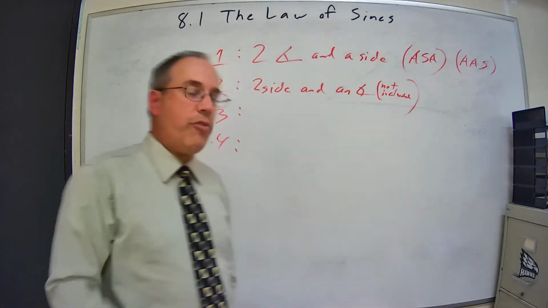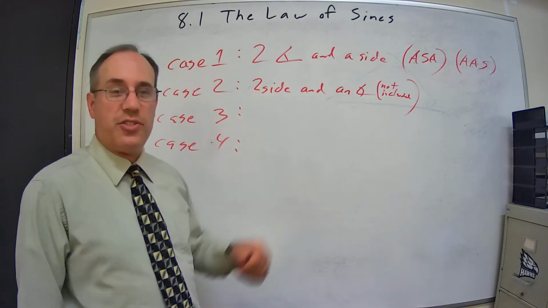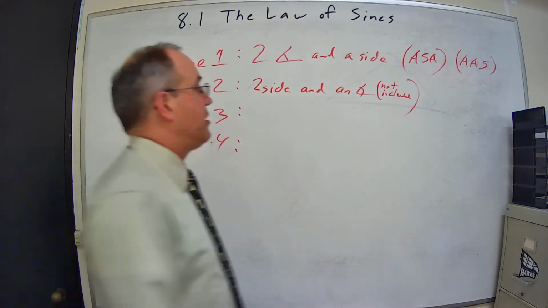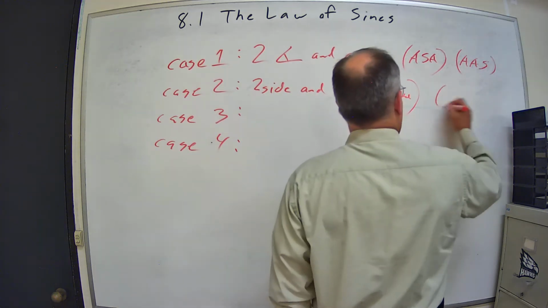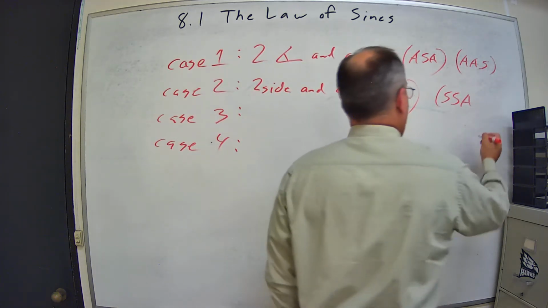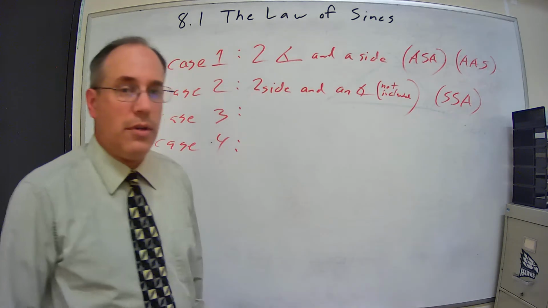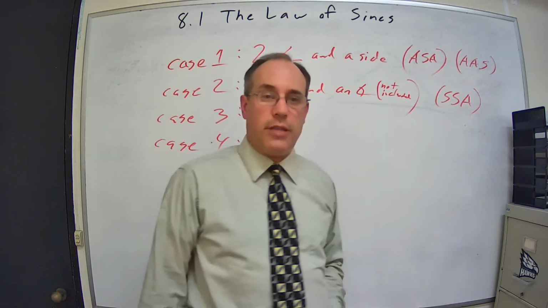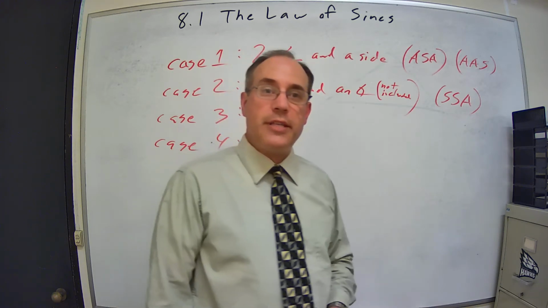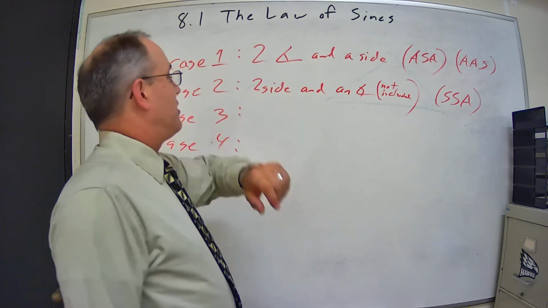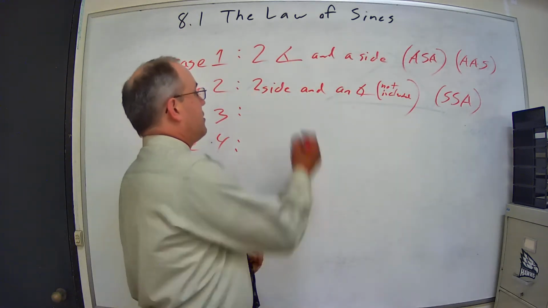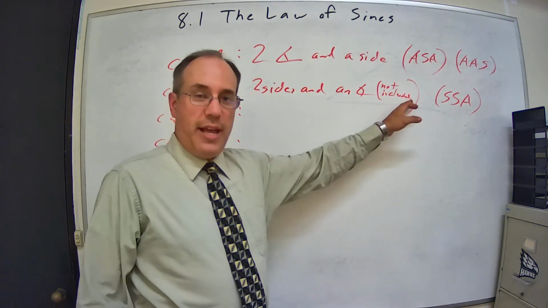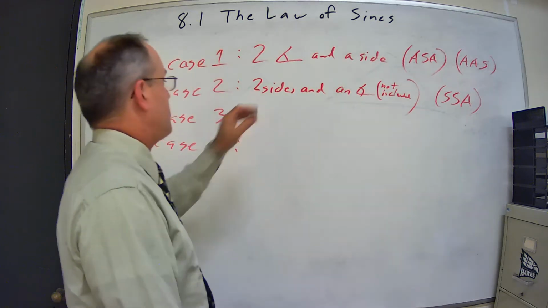Meaning it's the angle that's not in between these two sides. So it's not side, angle, side. So we refer to that as side, side, angle. For obvious reasons, we do not refer to it as angle, side, side. Nothing more need be said. So we have two sides and an angle, but it's not the included angle. So that's our second case.